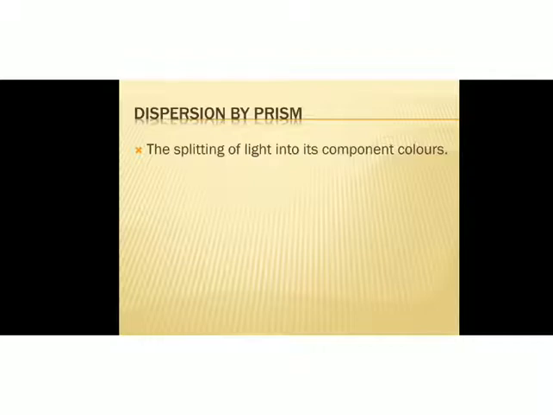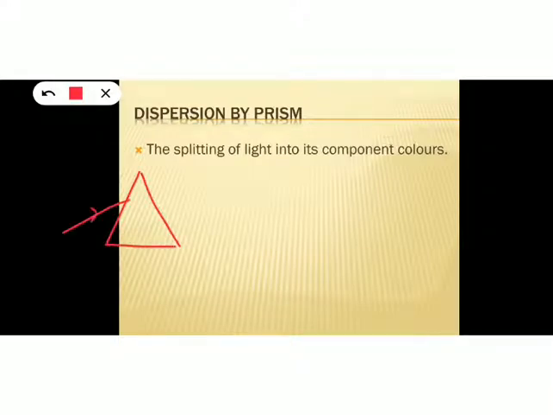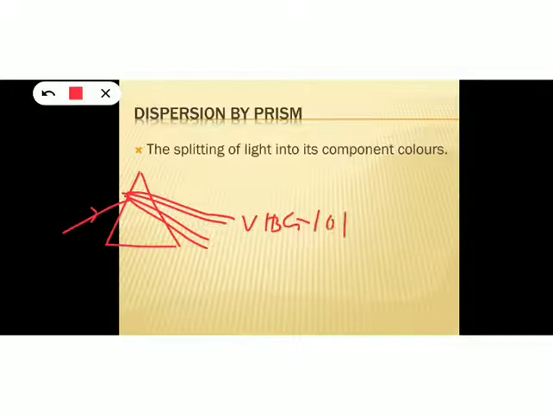You had studied that if this is a prism, whenever white light passes through a prism, it splits into different component colors. And those colors form our VIBGYOR, right? And you have learned that the red color deviates least and the violet color deviates most.